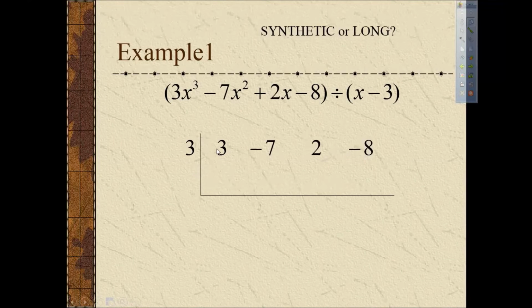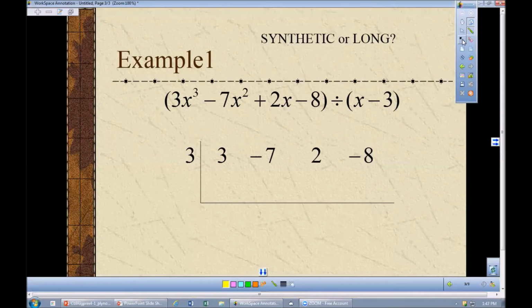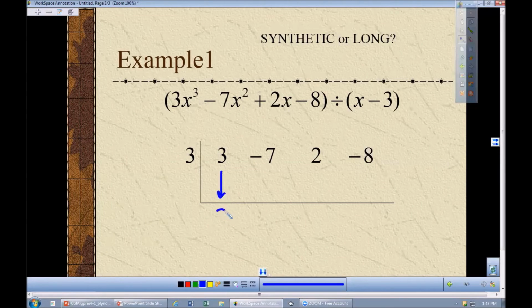Now we're going to do our add multiply process. When I go down, I add. 3 plus 0, because there's nothing to add, is 3. When I go diagonal, I multiply. 3 times the 3 up here is 9. When I go down, I add.